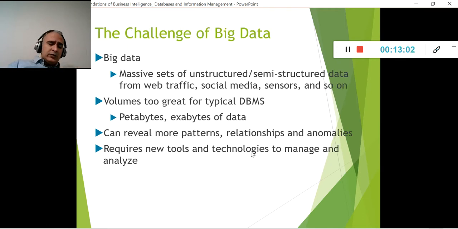Okay, so as I was saying just now, we have a tremendous amount of information, and the challenge of big data is that it comes in tremendous amounts of unstructured or semi-structured data. Sometimes it may come in the form of images.